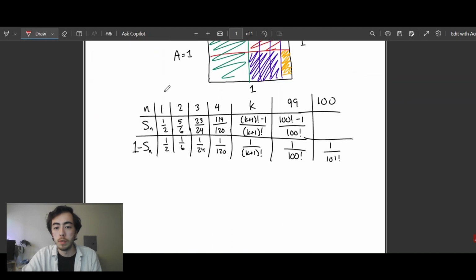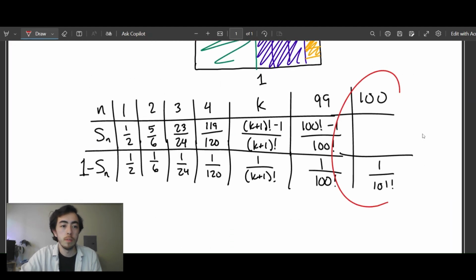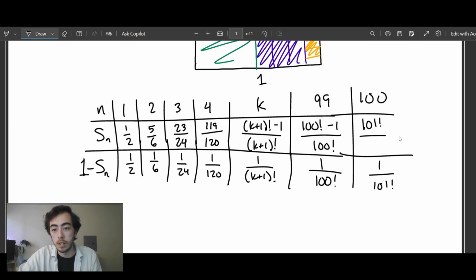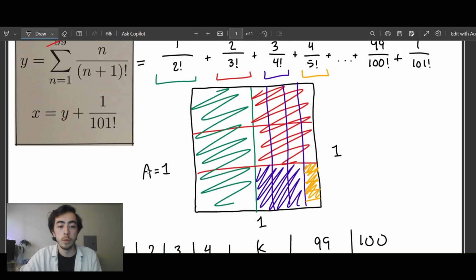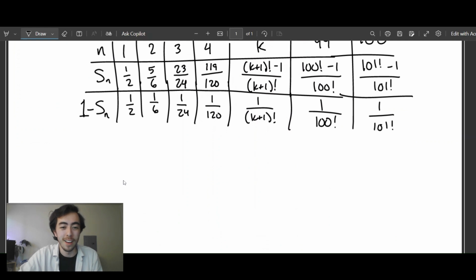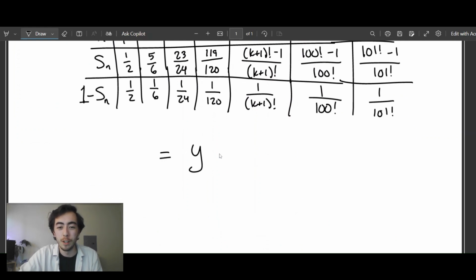So that would put me right here on the table where I have 100 terms in my sequence. And then therefore my partial sum will be 101 factorial minus 1 over 101 factorial.